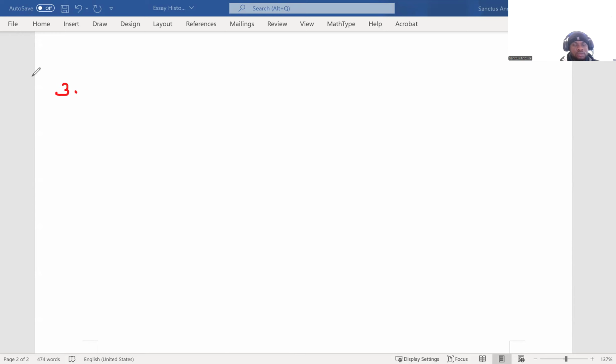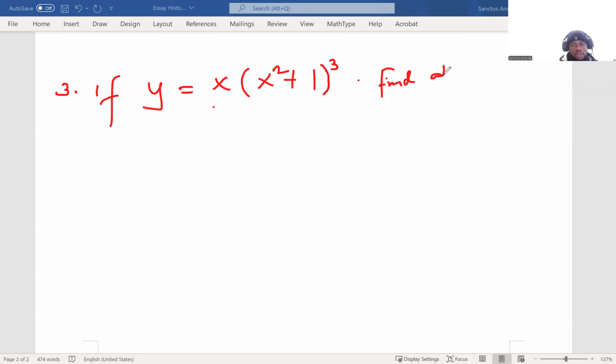If y is equal to x, bracket x squared plus 1, squared, all to the power 3, find dy dx. Solution.